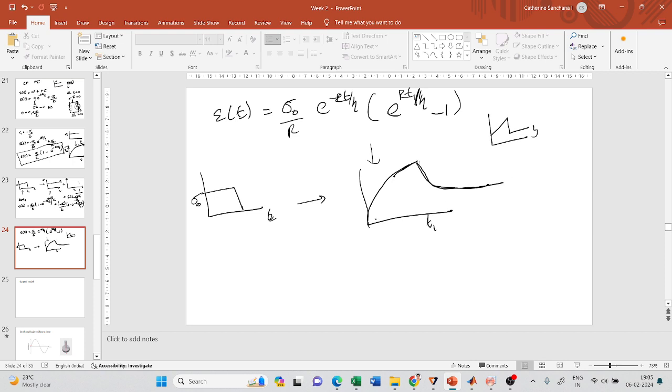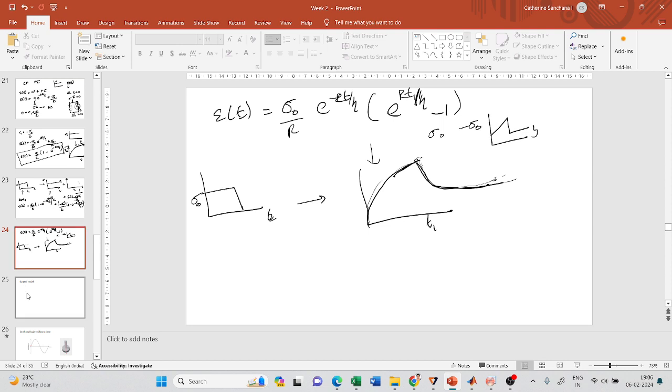This is the mirror image: if you take this part, flip it upside down and add it here, this is what you will get. That is why I'm adding epsilon of t, and then at time t1 I'm subtracting epsilon of t. Why am I subtracting? It is sigma naught and minus sigma naught. I'm flipping the curve at this point and attaching it here. That is what this equation is about.